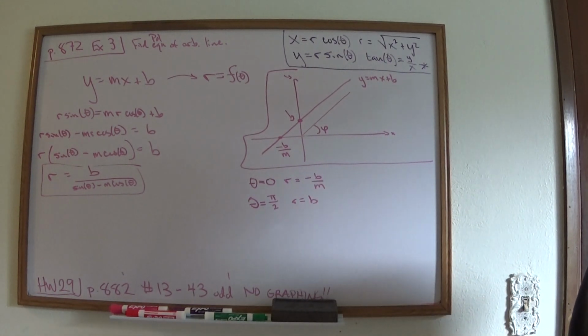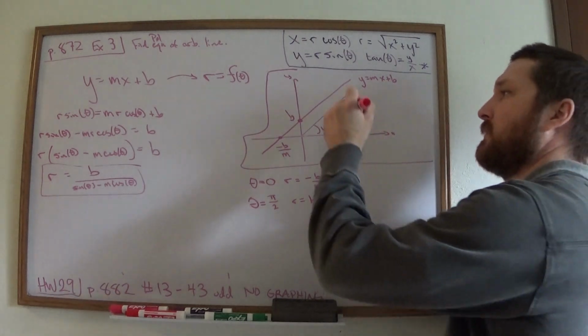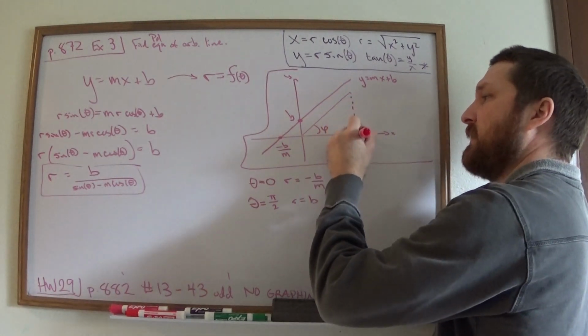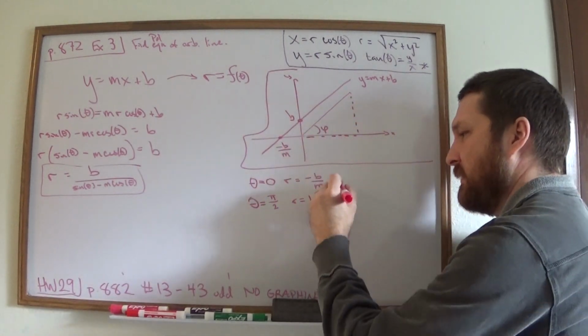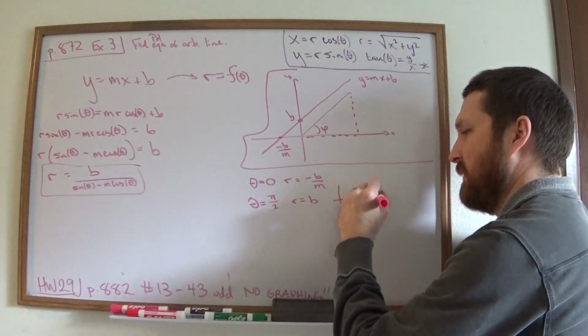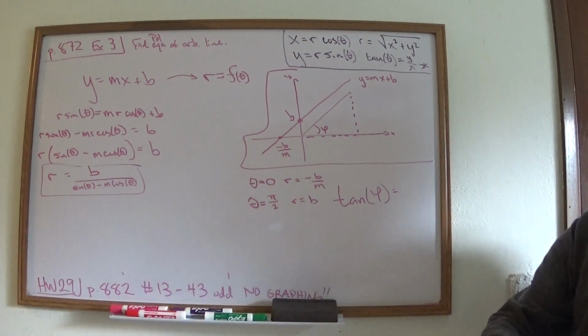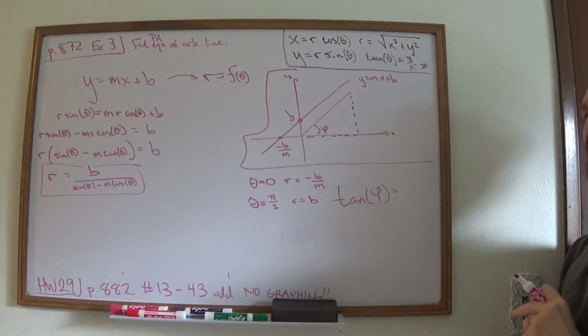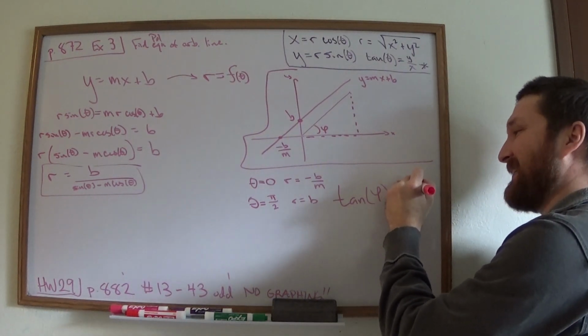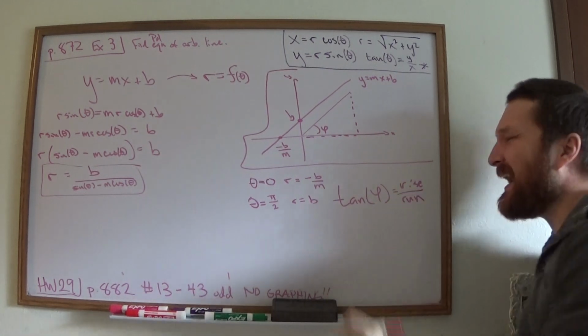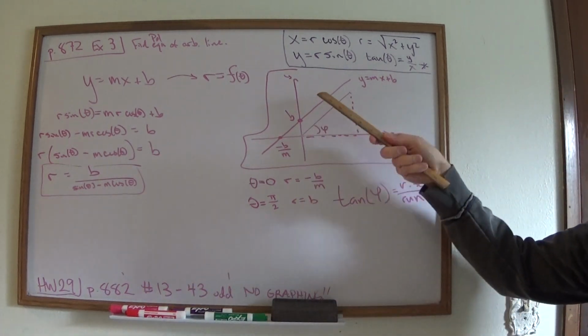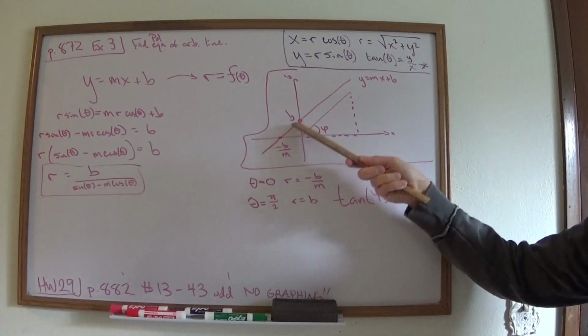What is tangent of phi? Right, the rise over the run. Good job. It is the rise over the run of this thing, isn't it?